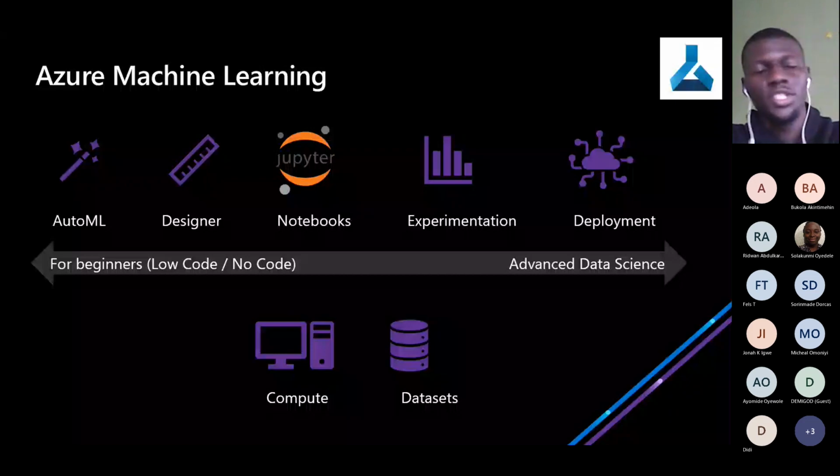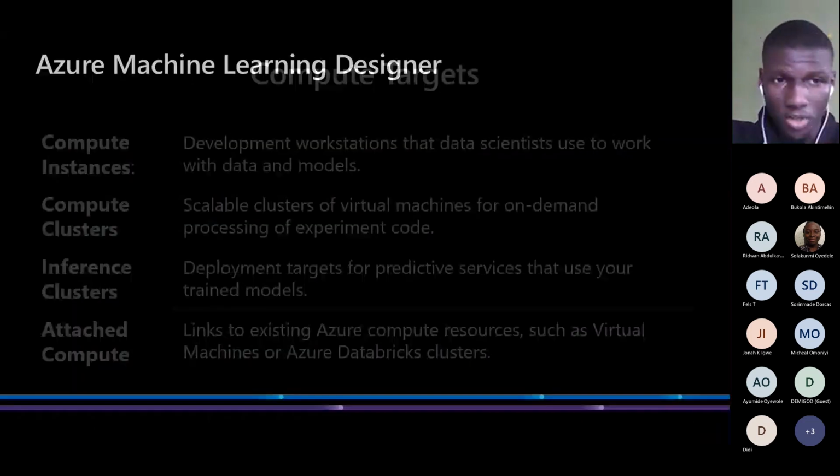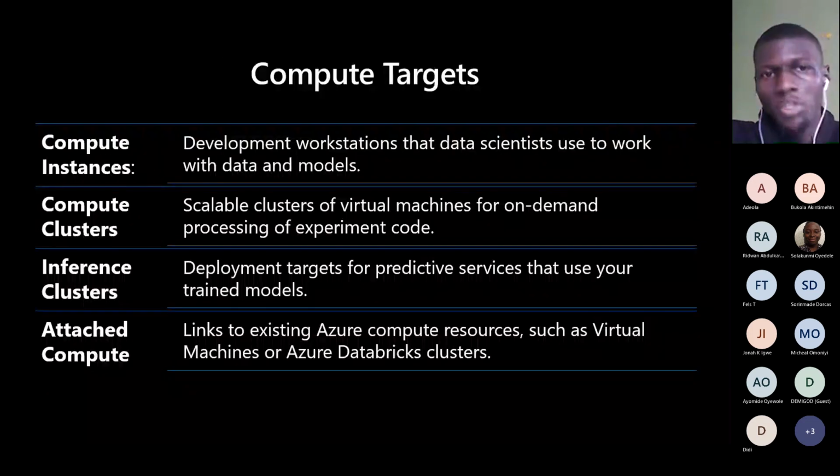And now let's talk about the compute targets. There are 4 of them, and I will explain each of them and what they do. First, the compute instance. It's explained here as the development workstations that data scientists use to work with data and models. The most important word is workstation.